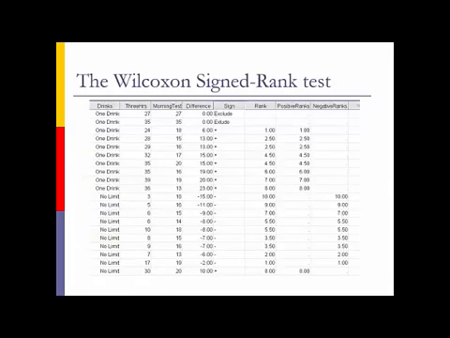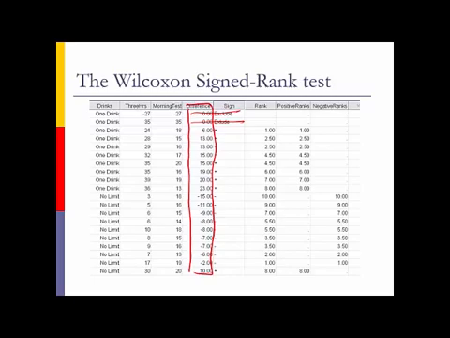So you go through, you have your data set, and you're going to calculate the difference between the two groups. 27 minus 27 is a 0, and for anything that is a 0, we just simply exclude that from the data set. 24 minus 18 is a 6, so that is a positive sign.